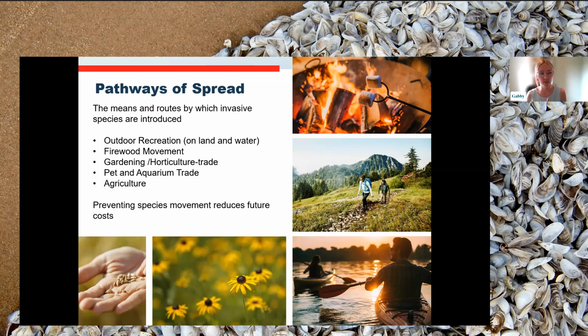So focusing on pathways helps us to be a bit more preventative. Once these species are established, it's often very expensive to try and remove them. It takes a lot of effort, and sometimes it's even just a lost cause. There might not be the right tools available or it might not be worth the cost and time. So it's way more important to focus on preventing them and closing those pathways rather than trying to deal with it afterwards.